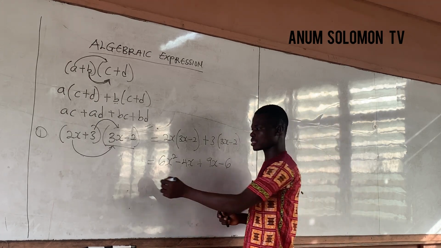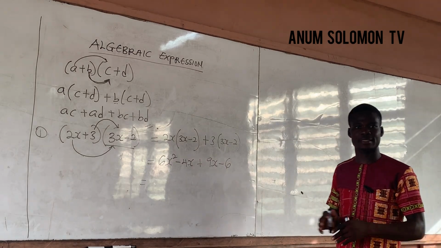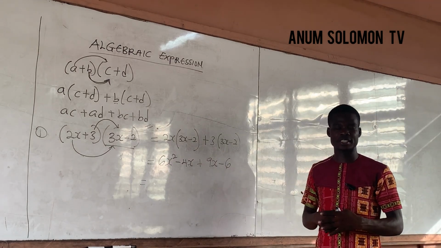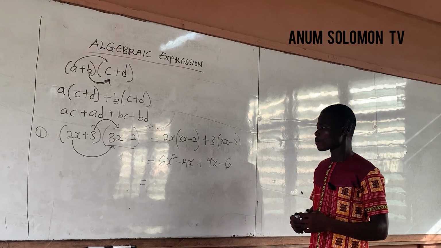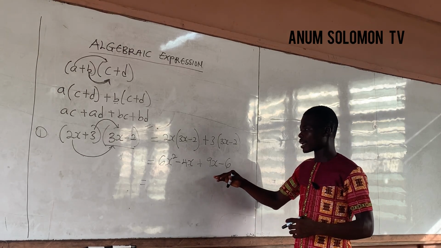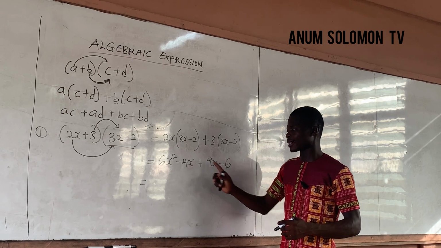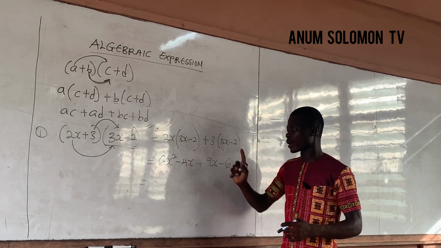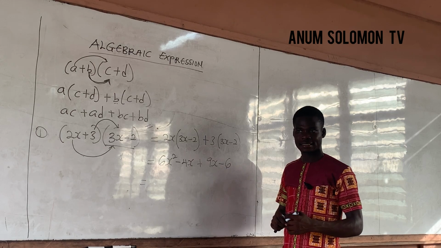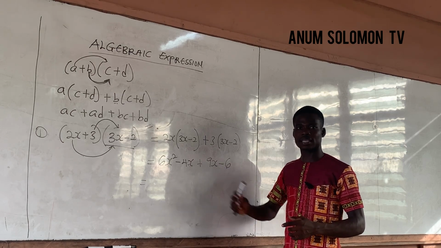After doing this, now let's check whether we have like terms in this expression. When we look at this carefully, we can clearly see that we have x and x. We have minus 4x and positive 9x. They are like terms. We can add or subtract them.